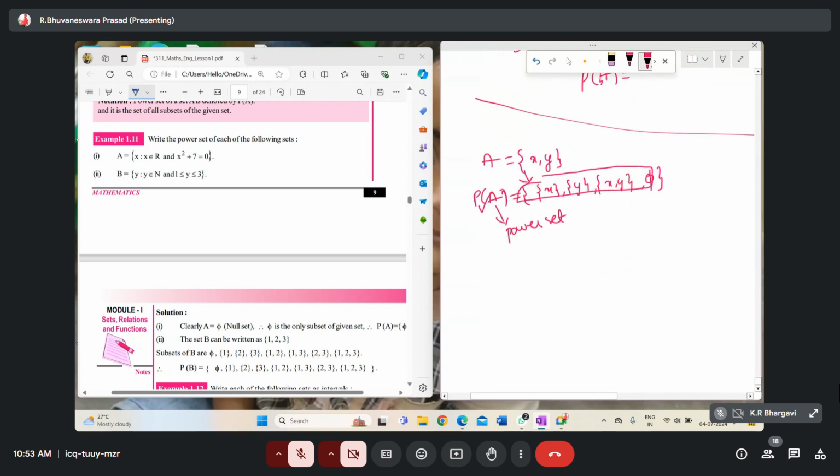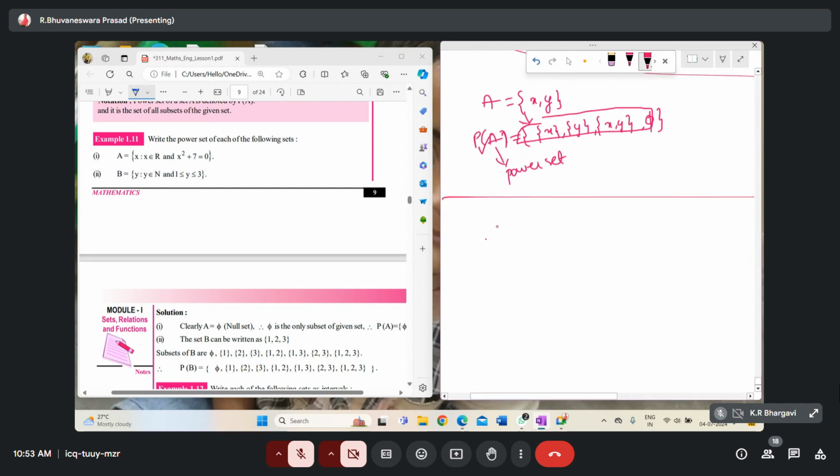ఓకే, సో ఏ కండిషన్. If A equals the set of x such that x belongs to R and x square plus 7 equals 0. ఓకే, సో దీనికి మనం పవర్ సెట్ రాయాలి నాన్న.